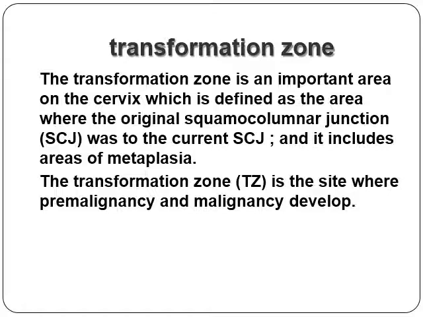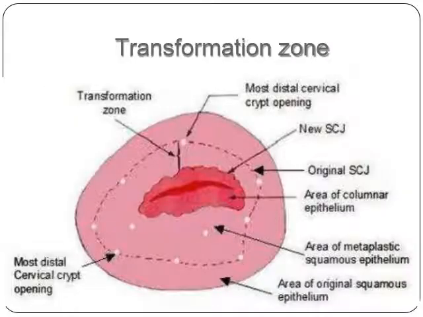This area includes area of metaplasia. When the HPV virus attacks the cervical epithelial cells, the main vulnerable area to be attacked and to be transformed into a cancer is the transformation zone.